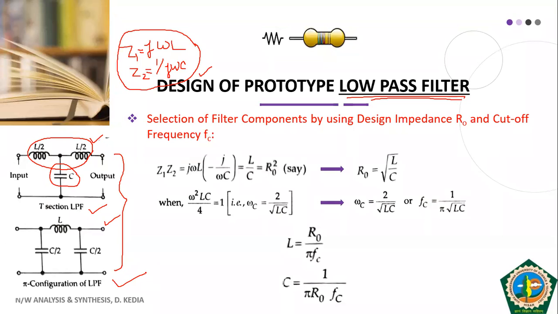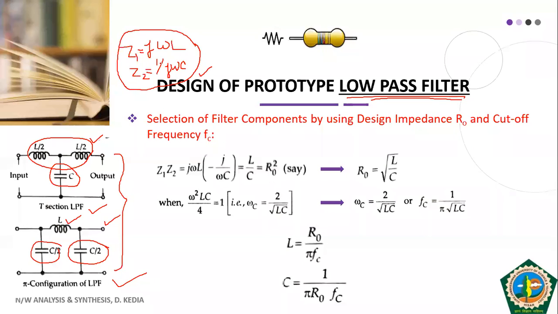Once we have determined L and C, we will distribute according to the circuit that we have shown. If we are following T section, then we will distribute the value of inductance in the form of 2 inductors, and the capacitor will be a single capacitor. If you want to use those values of L and C as pi section, in that case, you will take a single inductor of that value and you will distribute the value of capacitance as two capacitors.